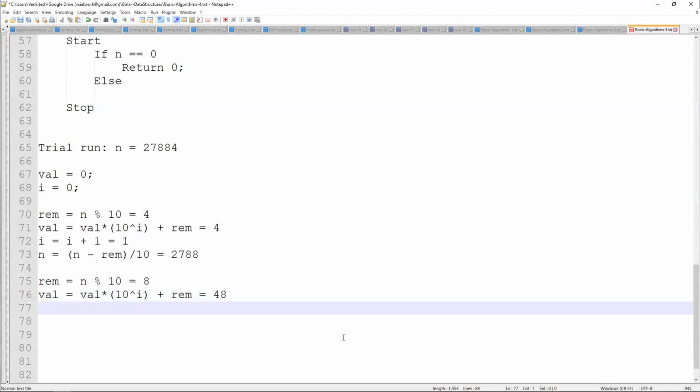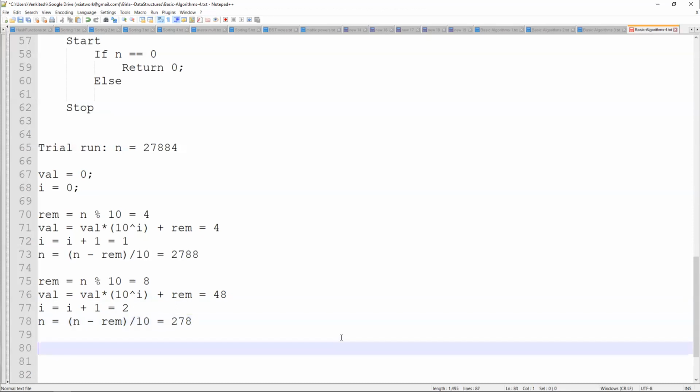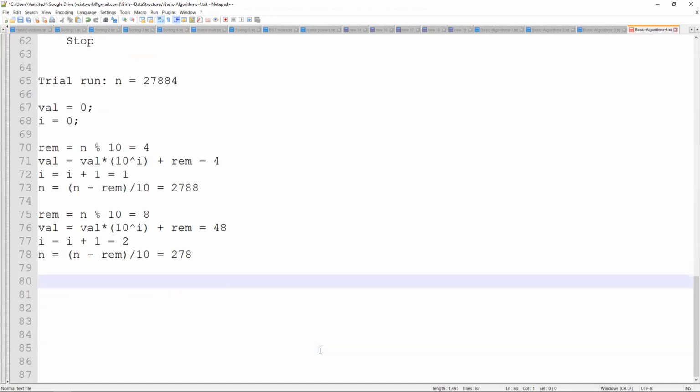Right? It's 48. Then I say I is equal to I plus 1. But I was earlier 1, so now it becomes 2. And then I say n is equal to n minus rem by 10, which is equal to now 2788 minus 8, 2780 divided by 10, 278. This completes the second cycle.